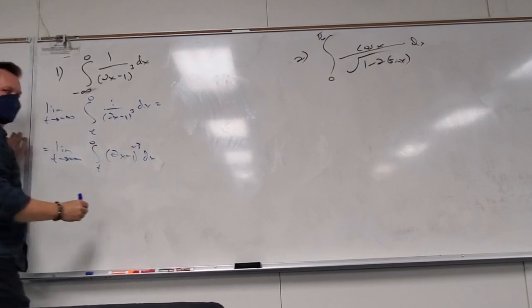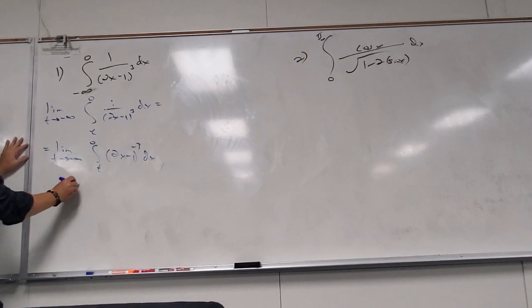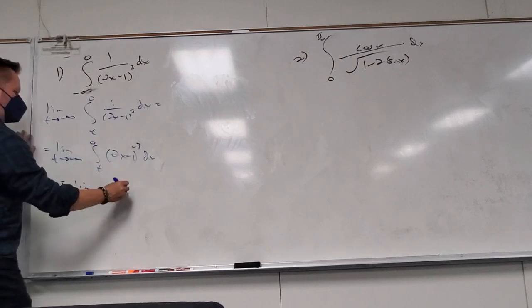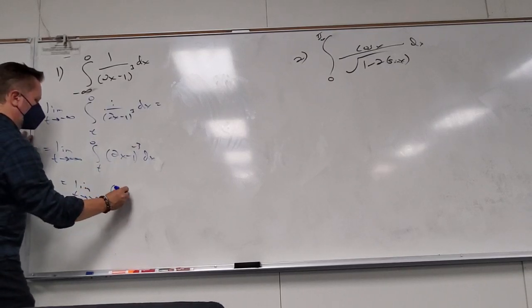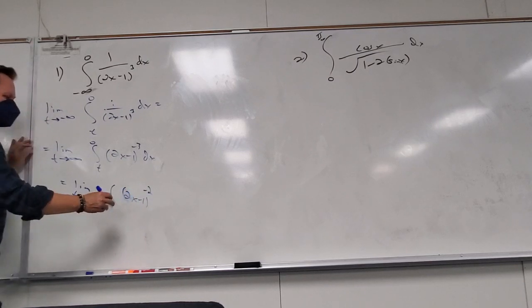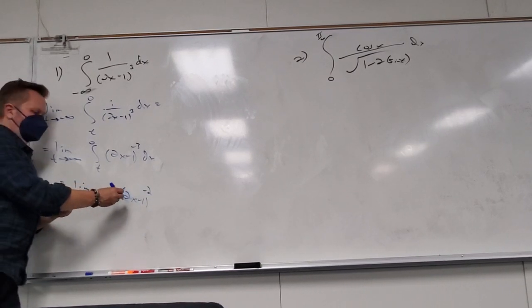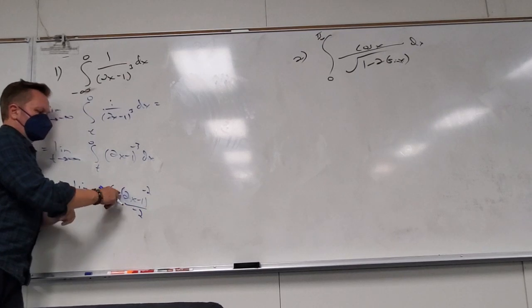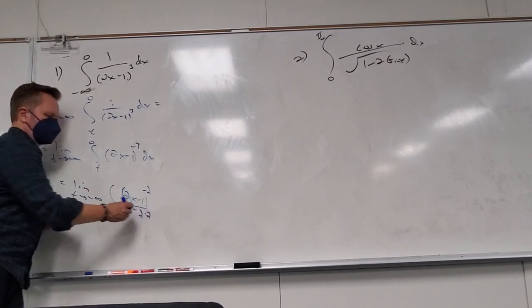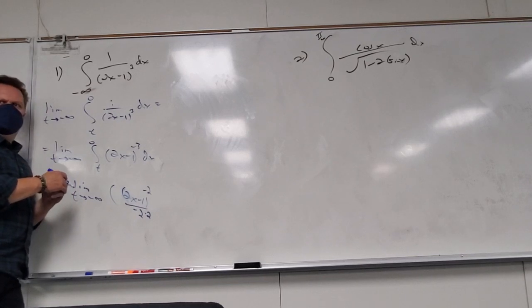So I'm going to integrate this. I get 2x minus 1 to the negative 2, divided by negative 2, divided by another 2. Is everybody with me?